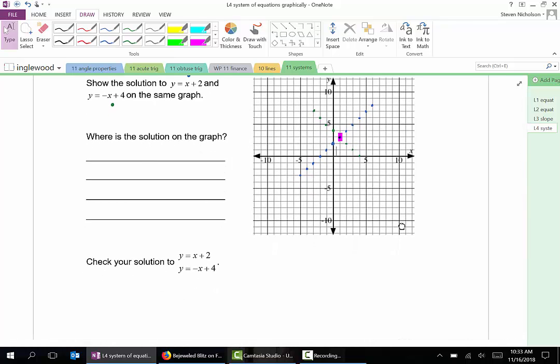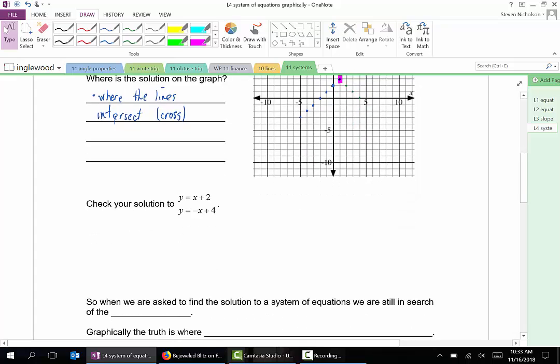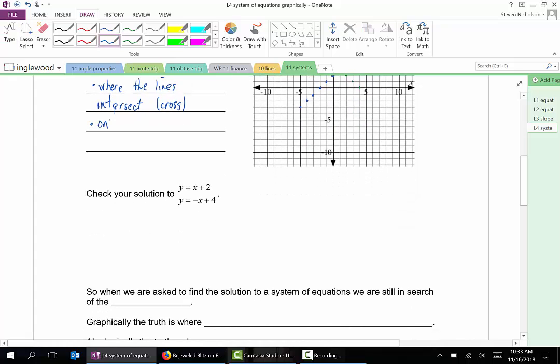The solution to a system graphically, if you remember from grade 10, is where the lines intersect or cross. And that point is the only place that they are both the same. They share the same point.